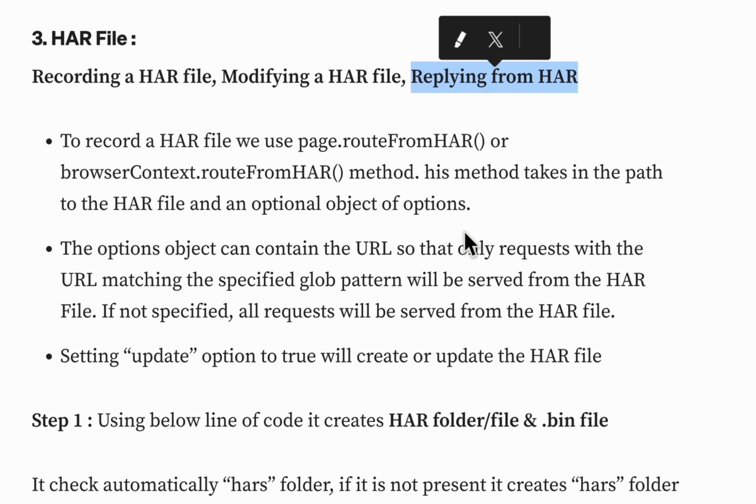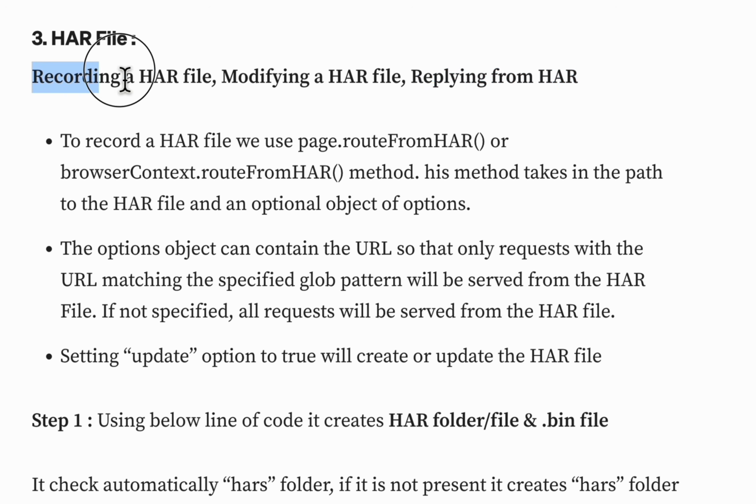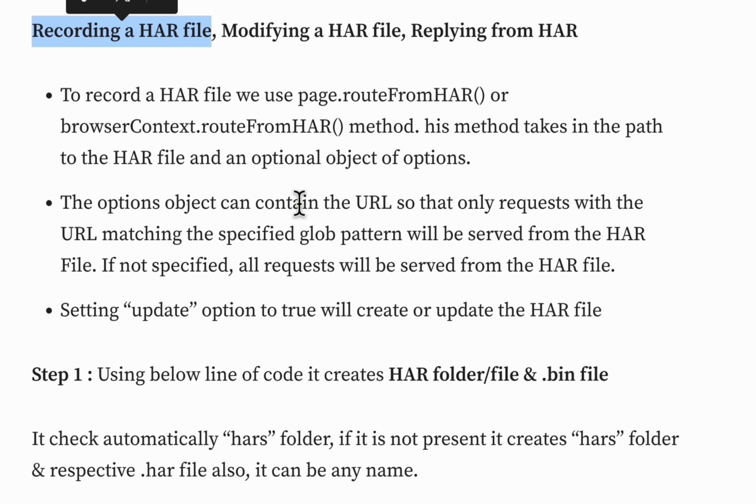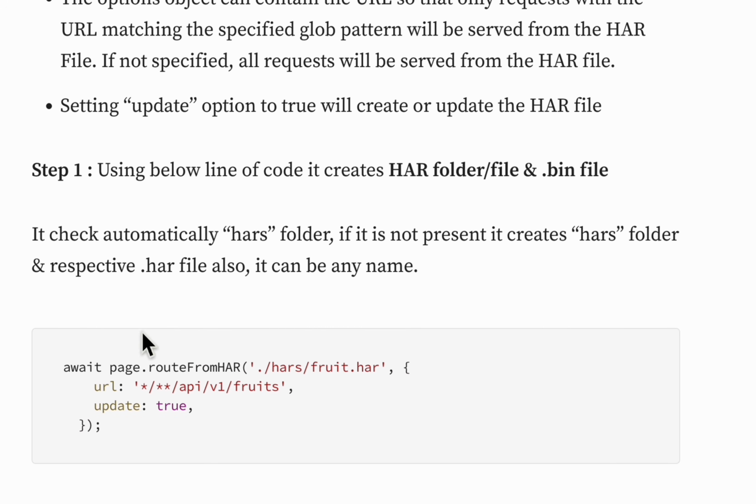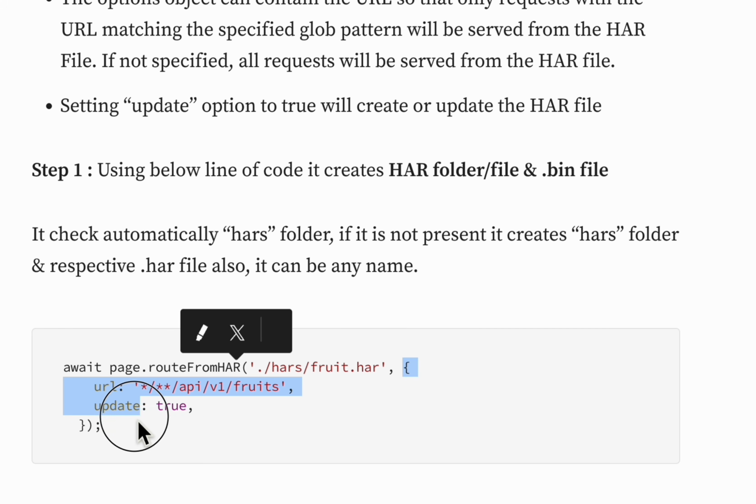So recording the HAR file is very easy and simple. We simply have to use the browser context object's routeFromHAR method. So we have to call this method and then pass two parameters. The very first one is the location where we want to generate the .har file, and the second one is the object.